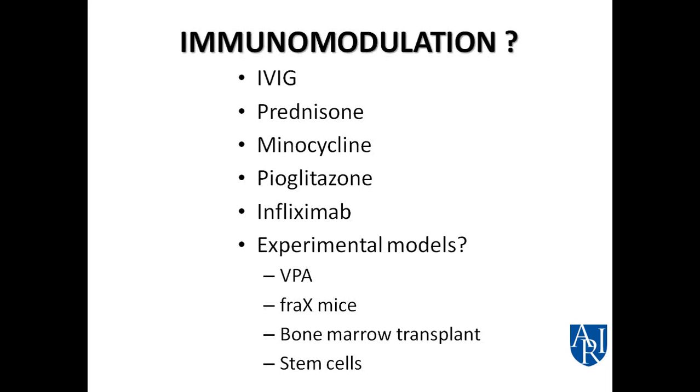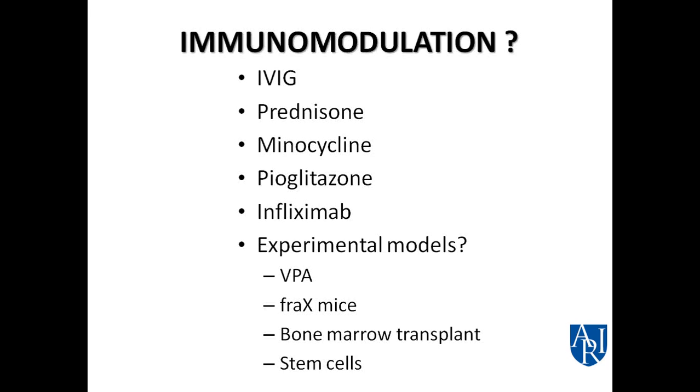It has many side effects, and it's not at all clear what it's doing in autism, because people who have treated have not measured various immune functions, which needs to be done.